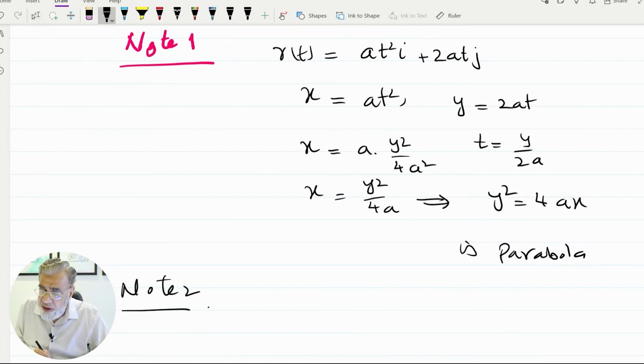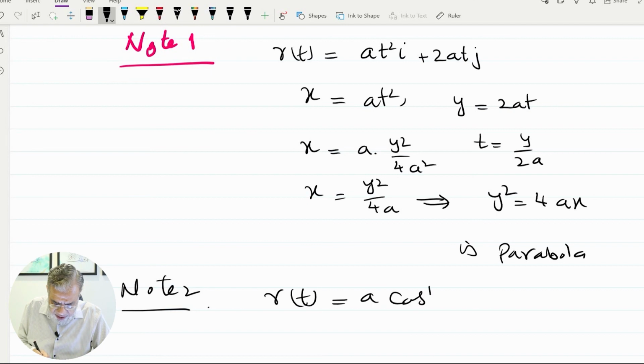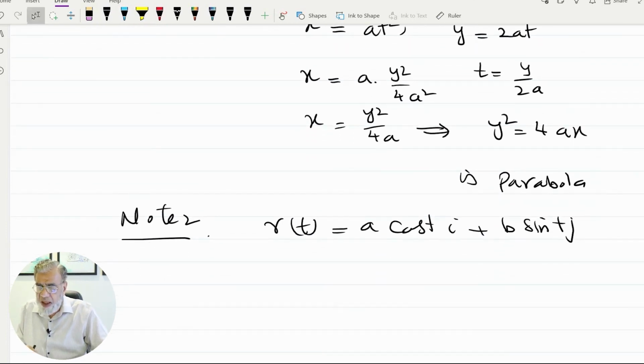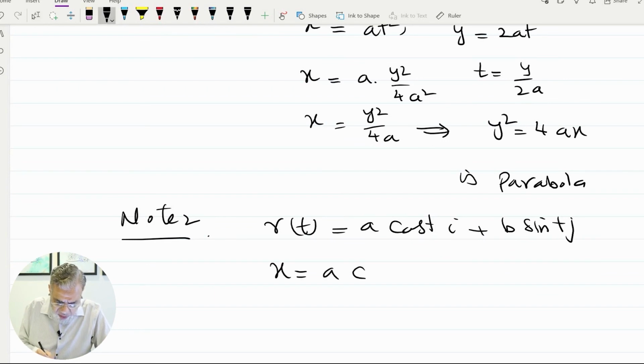We have the equation r of t in terms of cosine and sine: a cosine t i plus b sine t j. We're given this and want to see what it describes. Obviously, x is equal to a cosine t, and y is equal to b sine t.